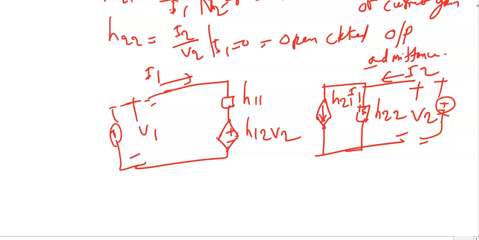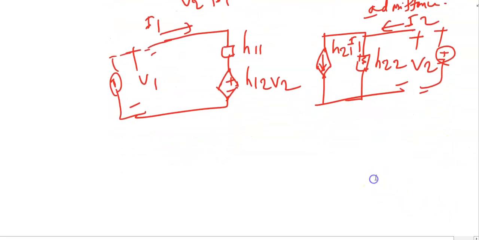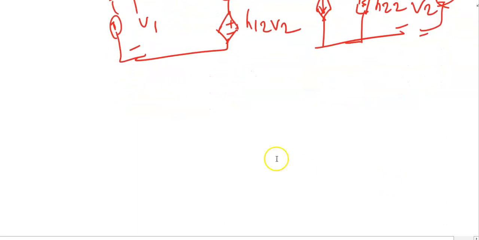So we do the short circuit for port 2 and open circuit for port 1. So we'll discuss an example so that you can have a better understanding of H parameter calculation. Consider this circuit. Four ohm, 2 ohm, 2 ohm.